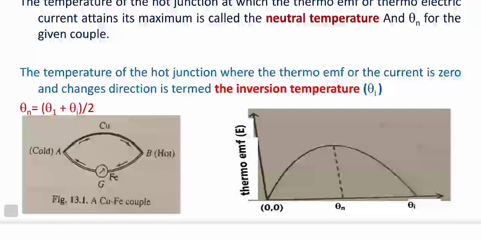And the temperature of the hot junction where the thermo EMF or current in the circuit is 0 and also changes direction is termed the inversion temperature. This is theta i.